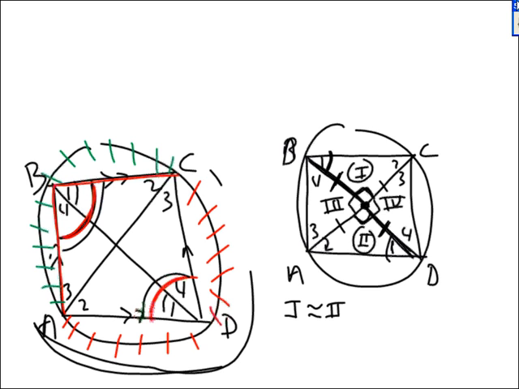Well, I can argue it this way: triangle number 4 has two sides with one slash, just like triangle number 3, and the angle in the middle are both right angles. That means triangles 3 and 4 are congruent. But I want to show that 1 and 3 are congruent. That is, all 4 are congruent.